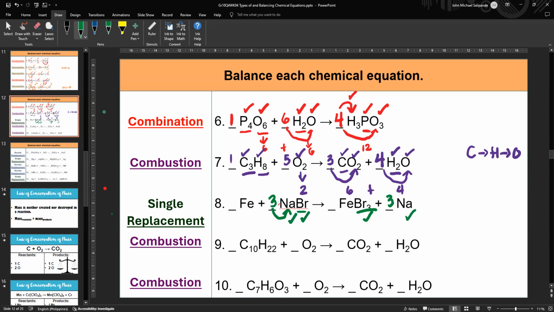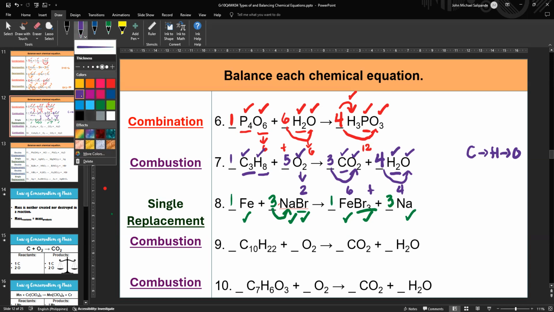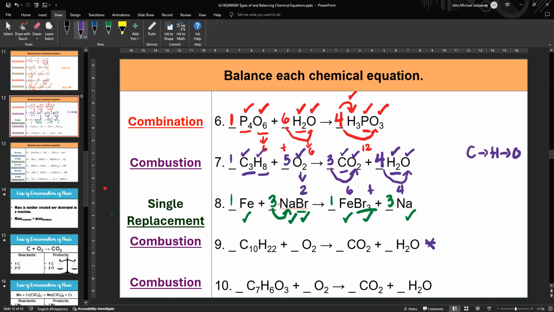And since we don't have any problem with iron atoms, because both of them contain 1 atom each on each side of the chemical equation, that means we leave iron and iron bromide with coefficients of 1. Now, I would like to skip number 9 as of the moment and dedicate an entire slide to it later. So let me focus on number 10.